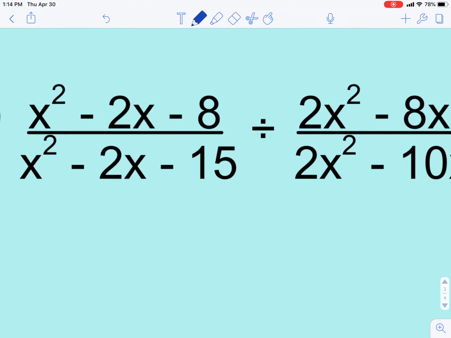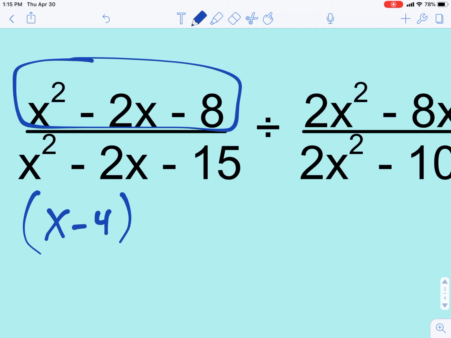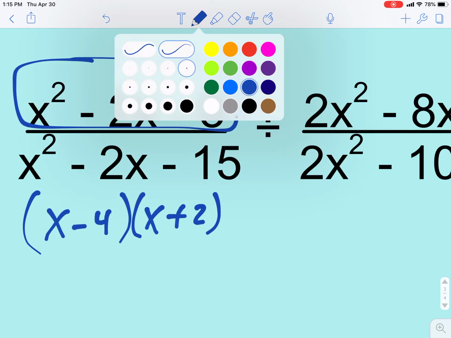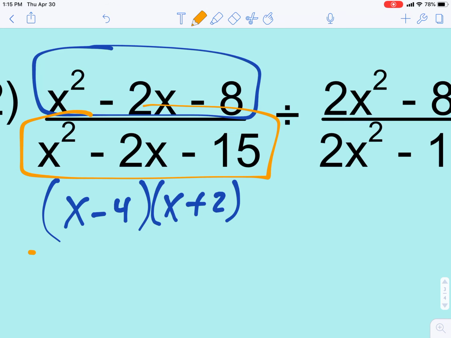Now we're going to go through and divide. Factors of negative 8 that add up to negative 2 would be positive 2 and negative 4. Factors of negative 15 that add up to get negative 2 would be negative 5 and positive 3.